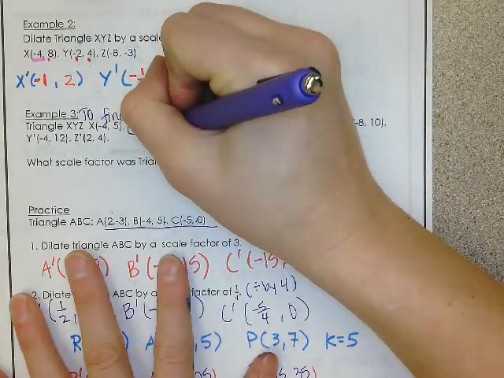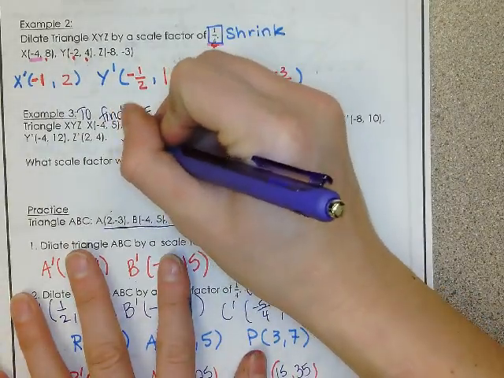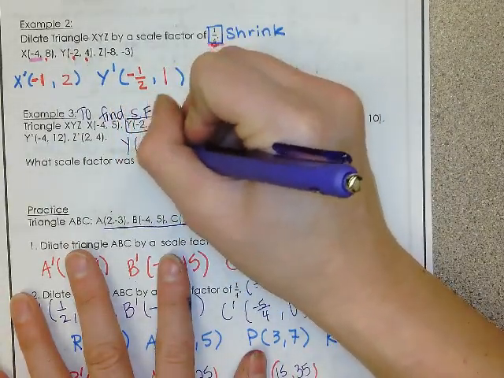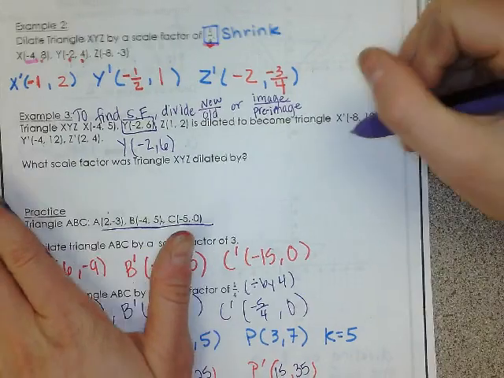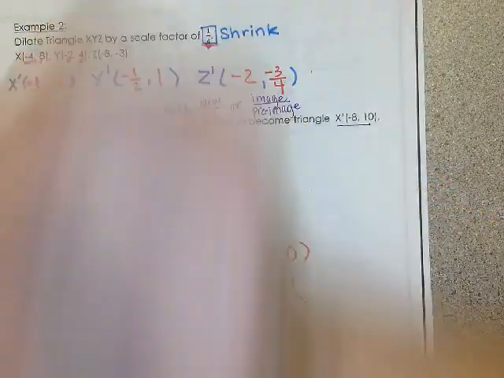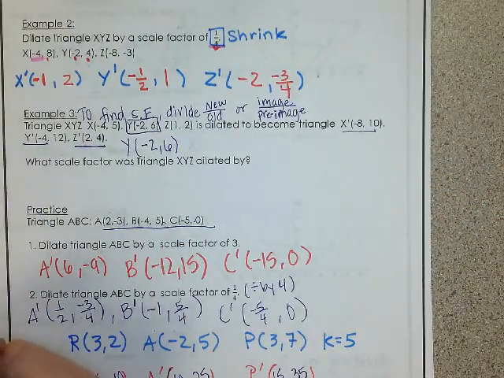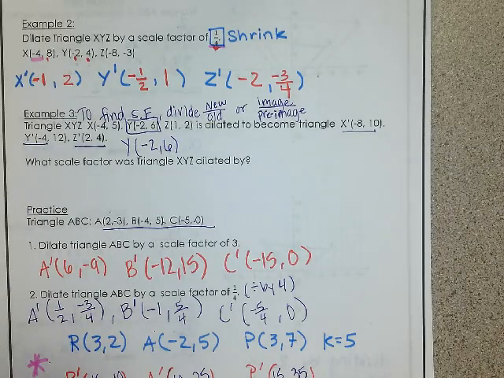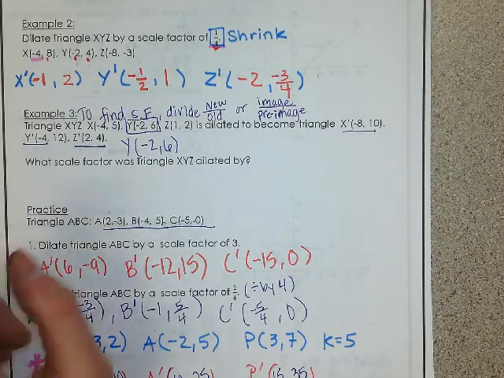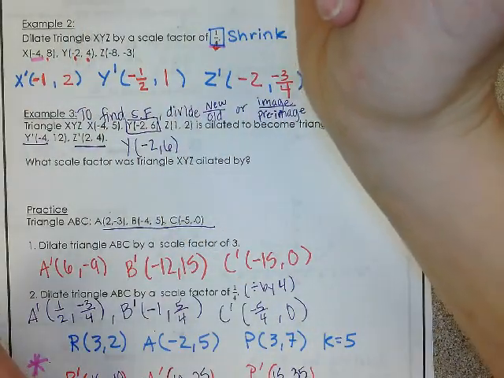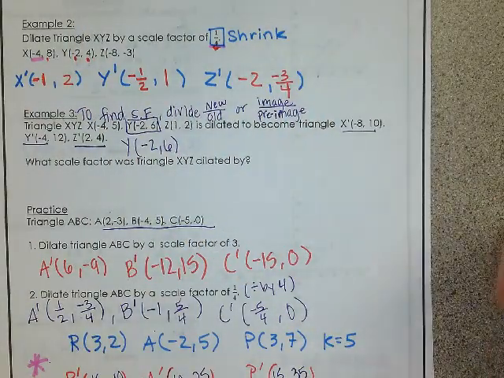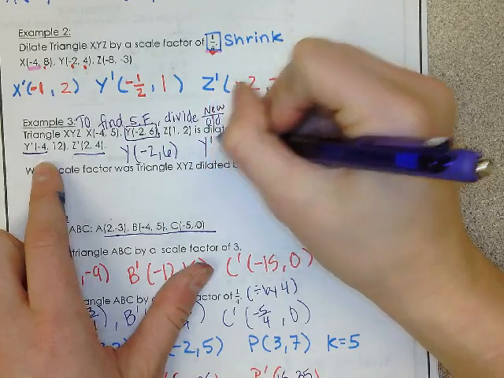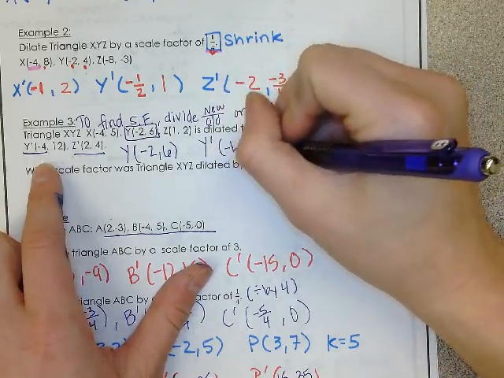Now, y is negative 2, 6. What's going to be its corresponding point out of these 3 points? Y prime. Remember Amazon Prime. So y goes to y prime.